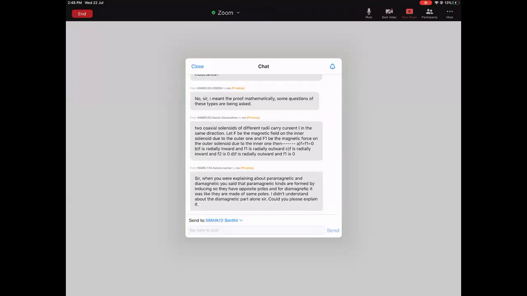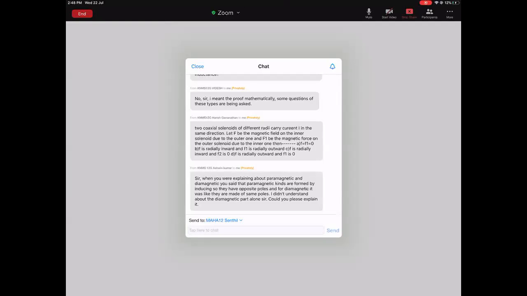Okay, so you want to understand this one. No, I said diamagnetism is formed by induced, so they are opposite direction. Okay.